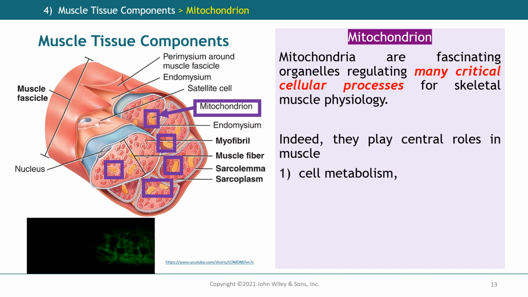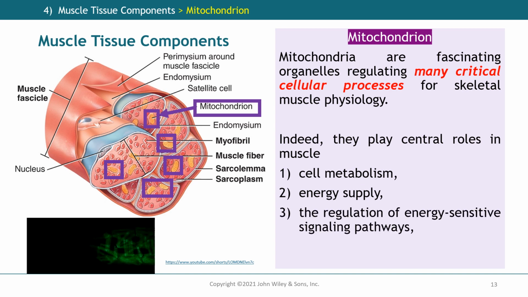For example, they're involved in metabolism. And I remind you that for the energy supply, if you don't have oxygen, the mitochondria cannot work anymore, so you need to start making lactic acid. They are also involved in the regulation of energy sensitive pathways. So that is also important.